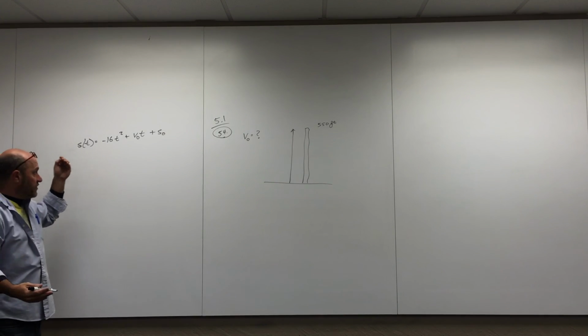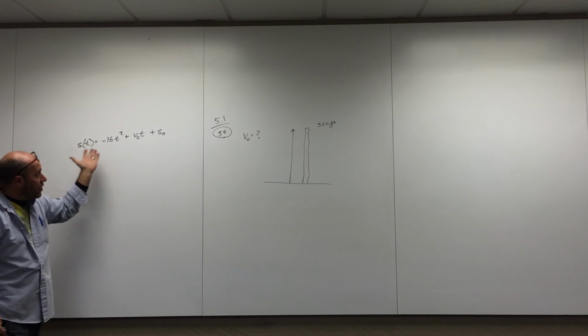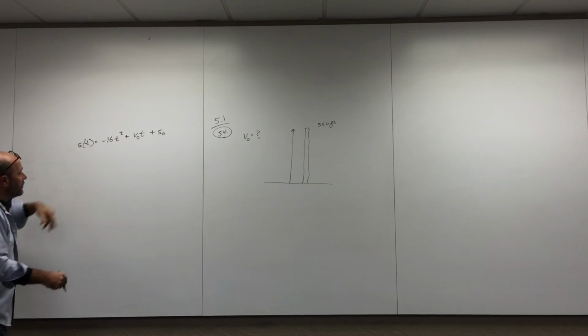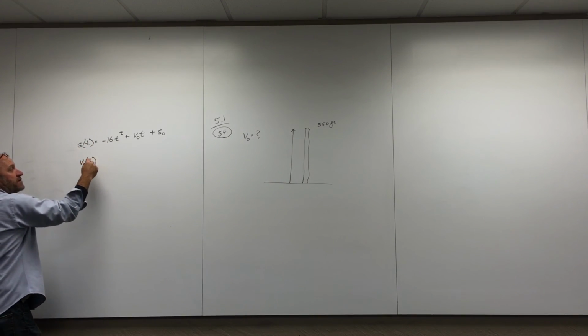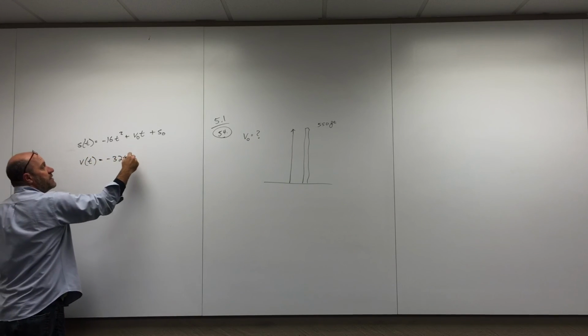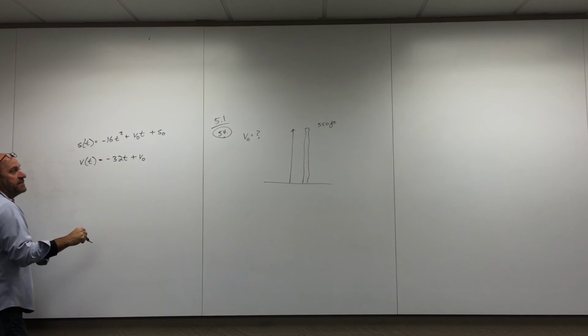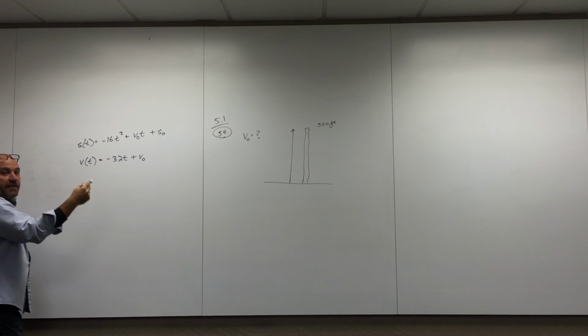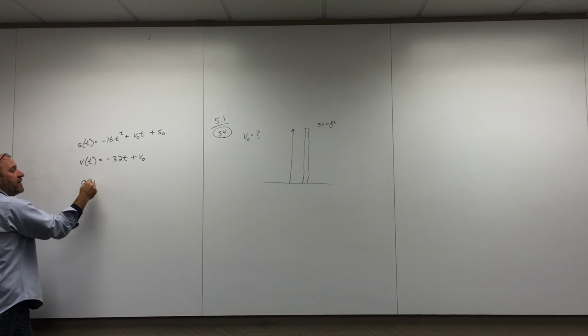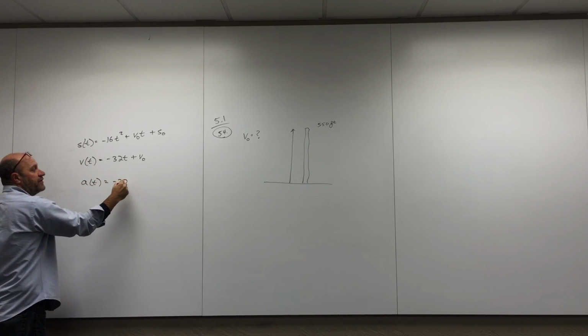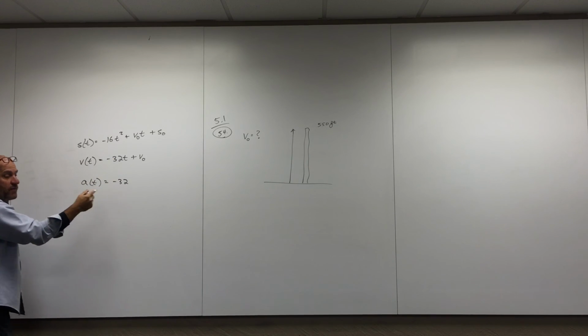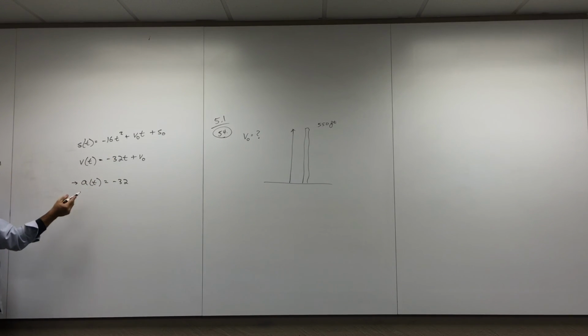In chapter 3, we learned about this. We learned that if we took the derivative, we would get a velocity equation, which is negative 32t plus v naught. Right, you guys? And if I took another derivative, I'd have an acceleration equation, which is negative 32. In a problem like this, that's just gravity.